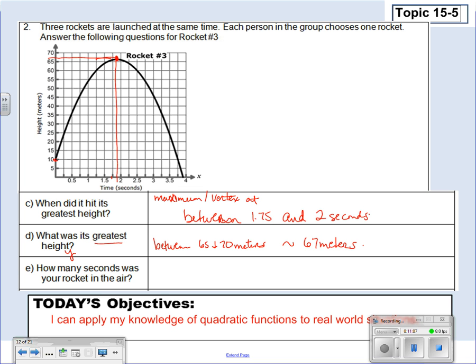From the time that it lifted off to the time that it hit the ground, how many seconds? This is talking about x values. It went from 0 to somewhere between 3.75 and 4 seconds. So it's almost 4 seconds in the air.